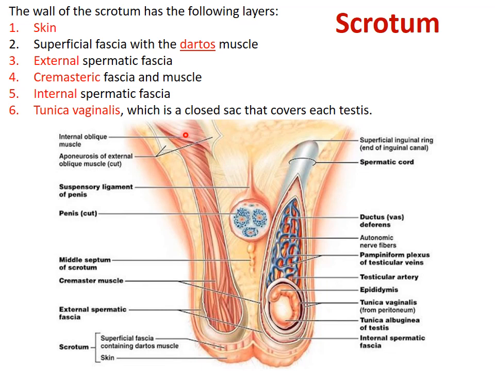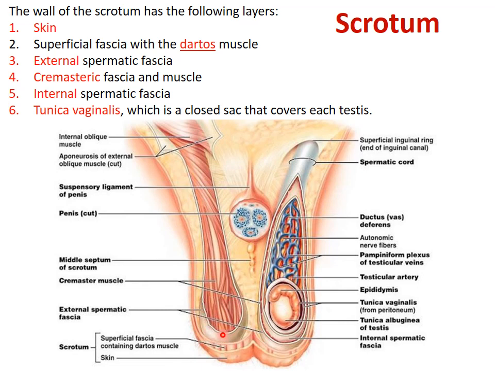Which muscle is there in the abdominal wall? The outermost muscle is the external oblique muscle. And you know, when the external oblique muscle comes to the medial and lower side of the abdomen, on the anterior side, it becomes aponeurotic. That aponeurotic part is extending downward into the scrotum to cover the testis.